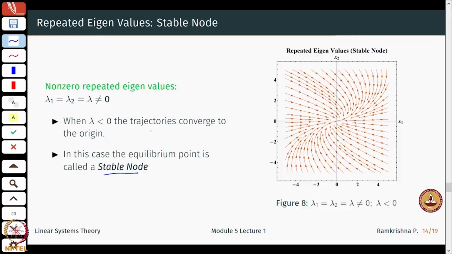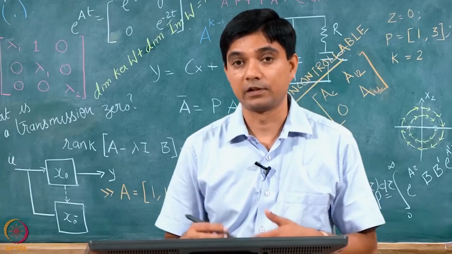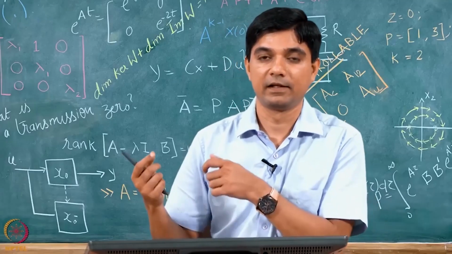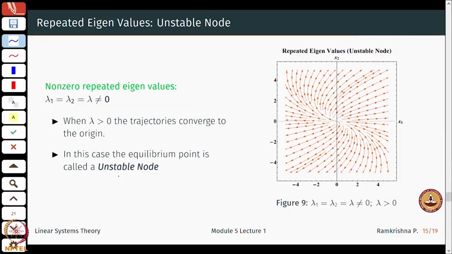So, this is how they will look like, and we will also call this a stable node. What happens when it is an unstable node? Well, just the plots will be similar with just the direction of the arrows being reversed. So, naturally I am looking at say an eigenvalue of +1, the system will naturally be unstable, and this equilibrium I will call an unstable node.